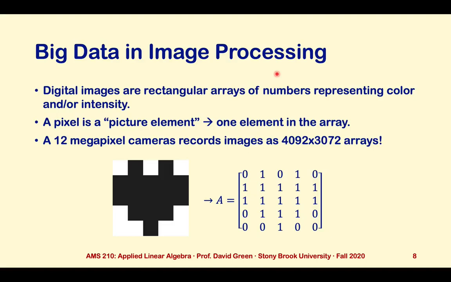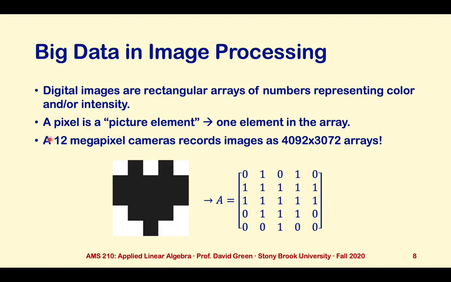When we talk about pixels, as most people are familiar with, at least in the context of assessing the quality of their camera, a pixel really represents one element in that array. In fact, the term pixel comes from the name picture element, one element of a picture.